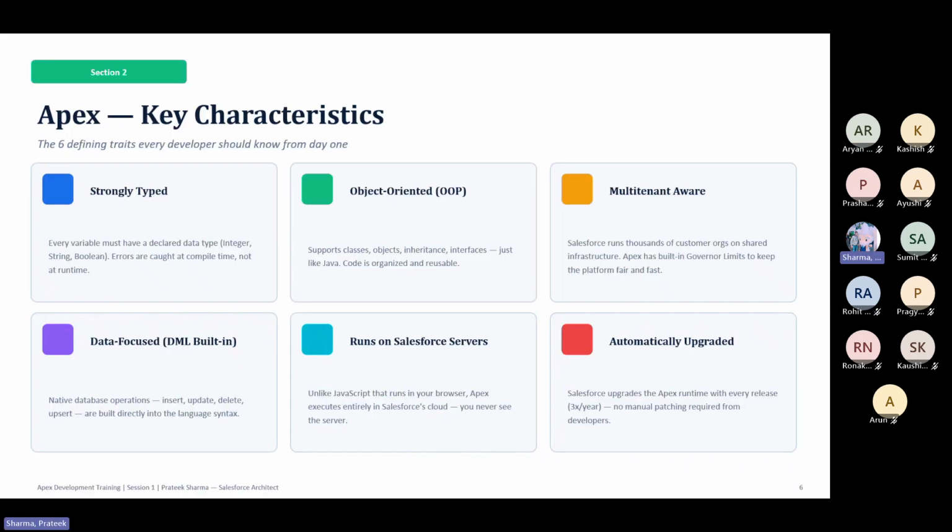Okay. Next, we discussed strongly typed. What is the meaning of strongly typed? These are the key characteristics of Apex. Every variable must have a declared data type, like integer, string, or Boolean. So what is a variable? We will discuss it in detail, but just to give you a background if you are not from a programming background: a computer doesn't understand your feelings, right?